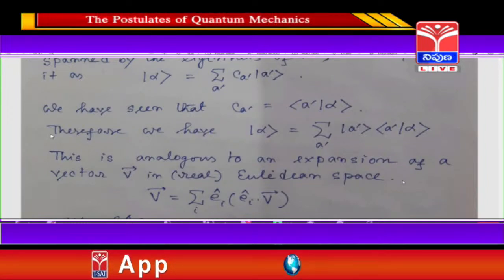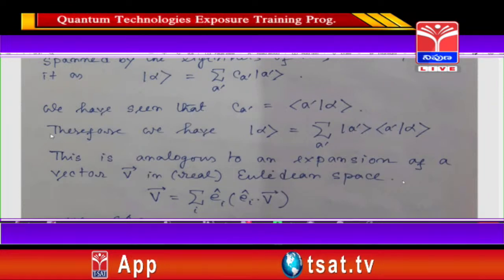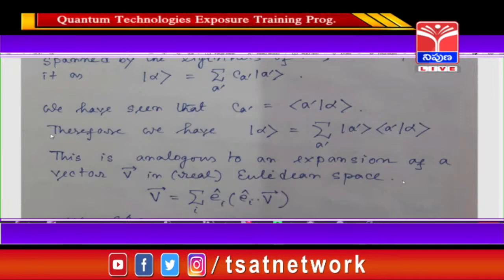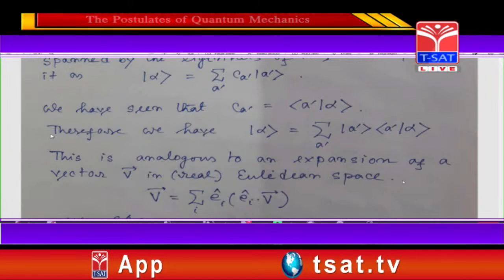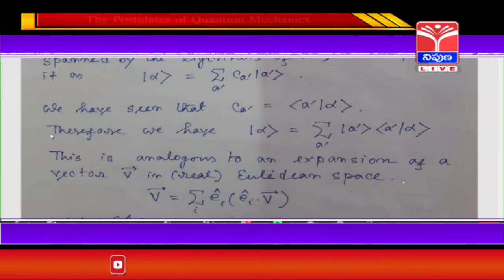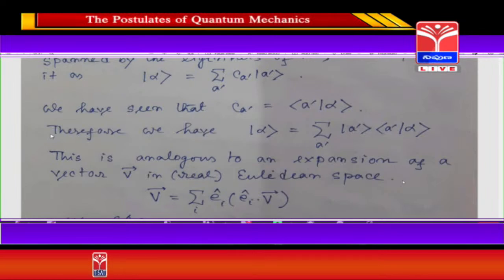Consider a two-dimensional xy vector. So you have an arbitrary vector on that. There are two components to that, along the x-axis and along the y-axis. The axes can be chosen in any other way also. So there is the projection on the x-axis, which is the component of the arbitrary vector along the x-axis, and the component of this arbitrary vector along the y-axis. The notation is different, but this is similar.